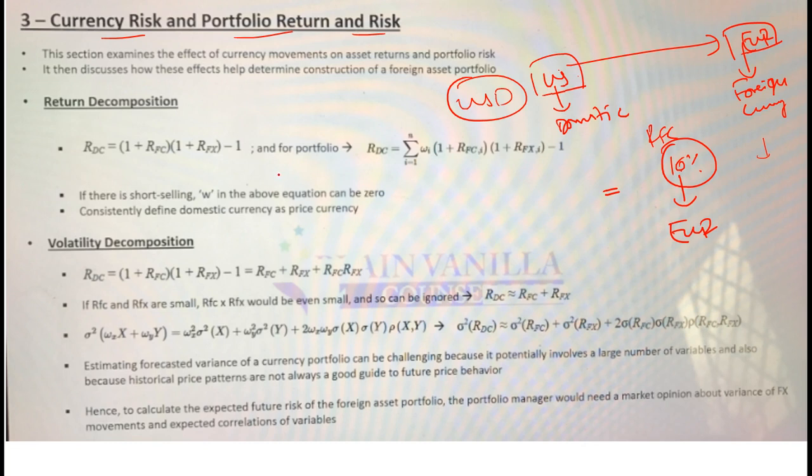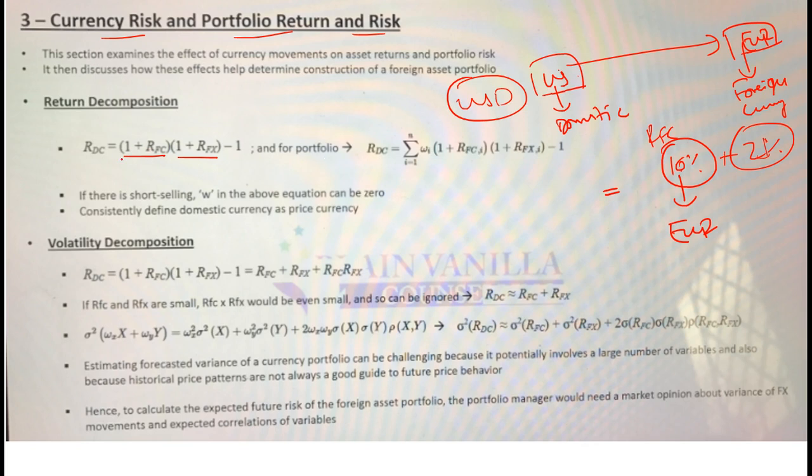So when you are analyzing the return for an international investment, you should consider both components: foreign currency return and the movement in the exchange rate. You should add both components. Let's say the movement in the exchange rate is 2% appreciation. So your total return will be 12%. How do you account for it?